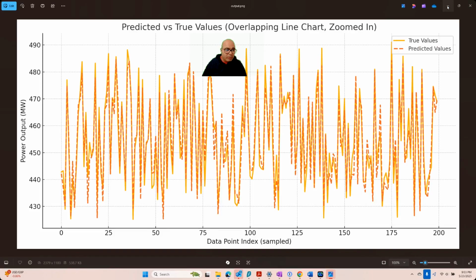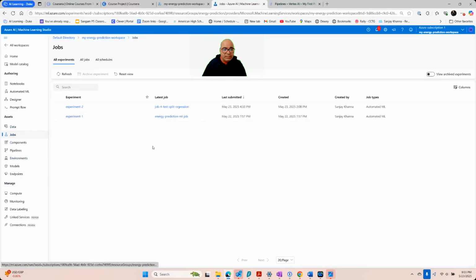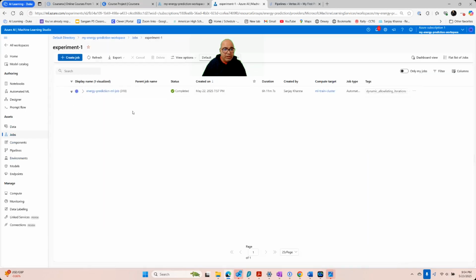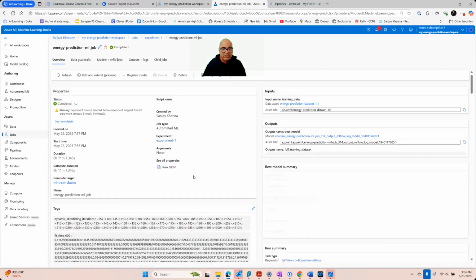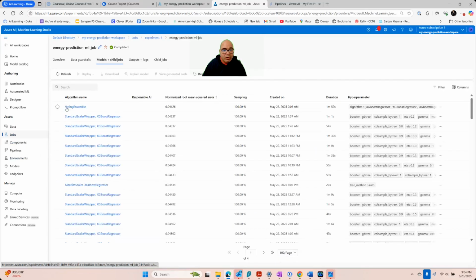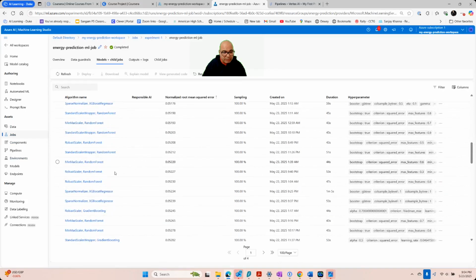I ran another model just for the sake of it, where I didn't select the algorithms myself and allowed it to select the algorithm by itself. That's where the top model was the ensemble. I went through various algorithms of all kinds.